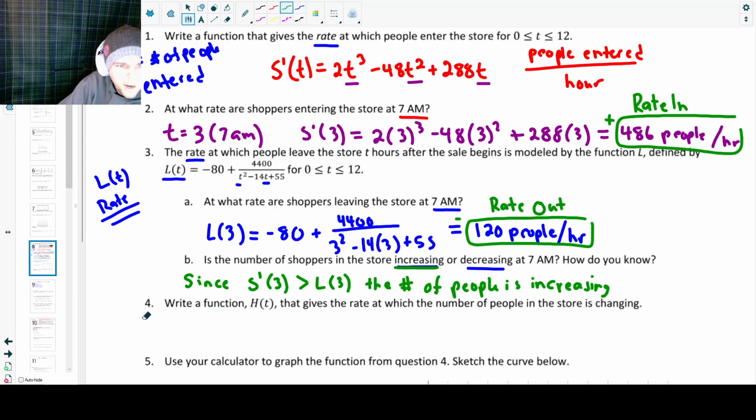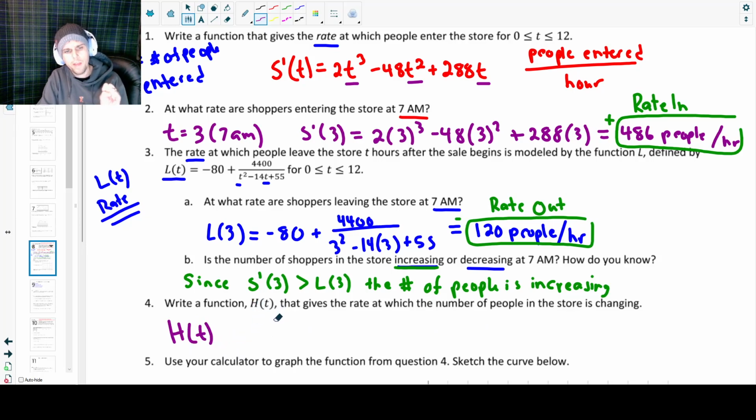All right, question number 4. Write a function h of t that gives the rate at which the number of people in the store is changing. So h of t is going to be kind of our net change. We have to consider both the people that are leaving the store and the people that are entering the store. So in general, these sort of functions are always going to be written out as rate in minus rate out.